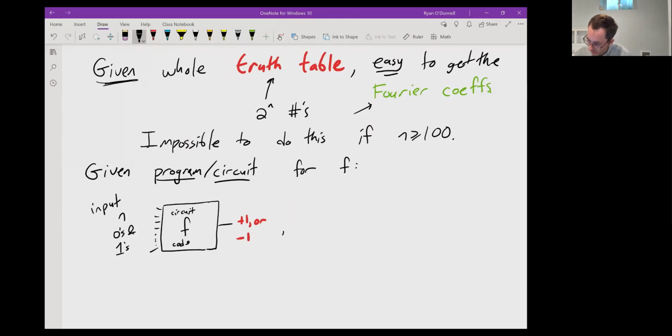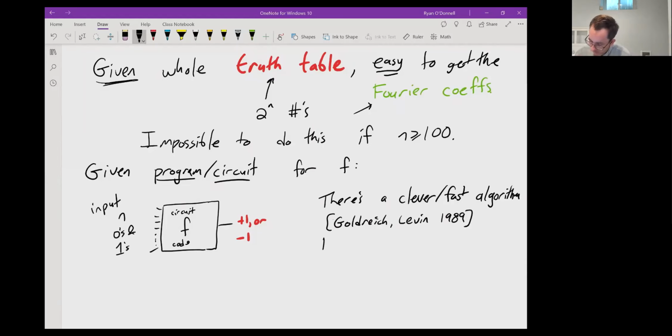So I'm just going to tell you a fact now. There's a clever and fast algorithm due to two famous computer scientists called Goldreich and Levin from 1989, before you were all born, but not that long ago, to get all the large Fourier coefficients.